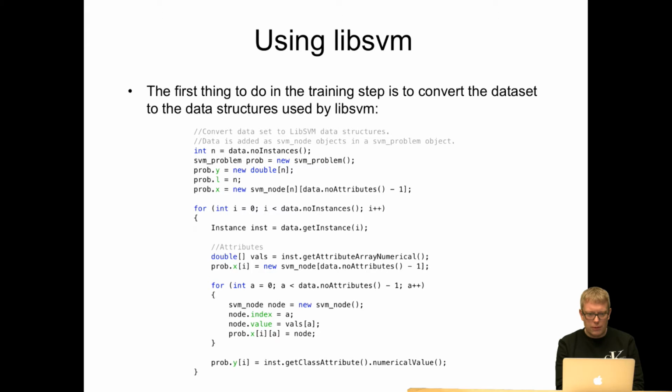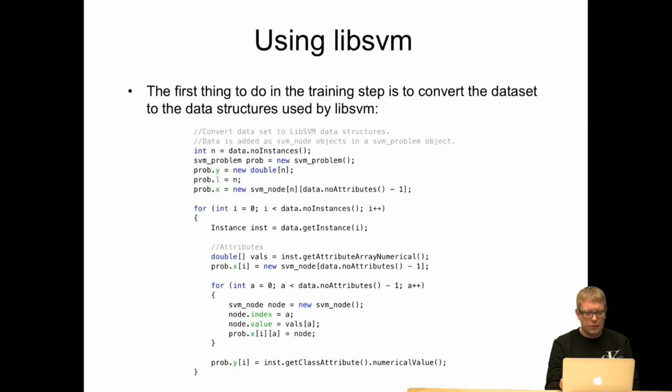The problem.l is the size of a training dataset, and the problem.x is a matrix of SVM nodes with a number of rows equal to the number of training examples and the number of columns equal to the number of attributes we have. And here we write -1 because we counted the class value as an attribute.